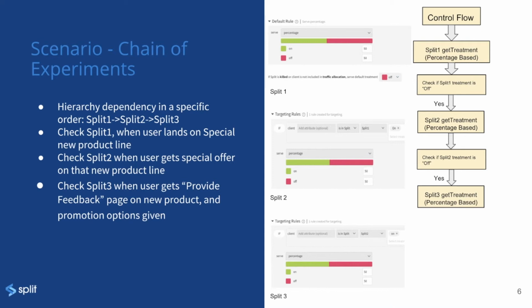And from there, these users will either get on, meaning we're going to show that provide feedback, or not. The users that don't participate should go to the default, whatever default we set on all these experiments.